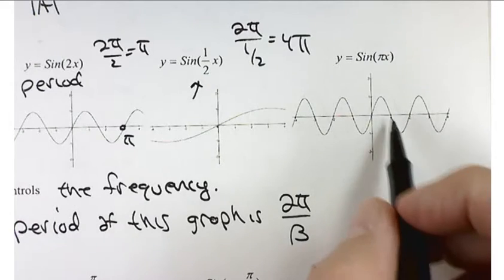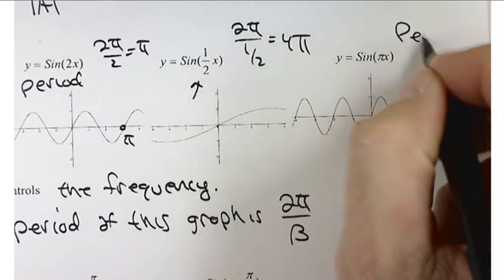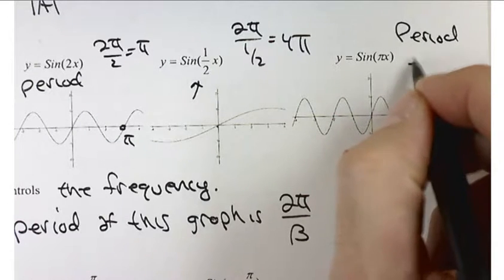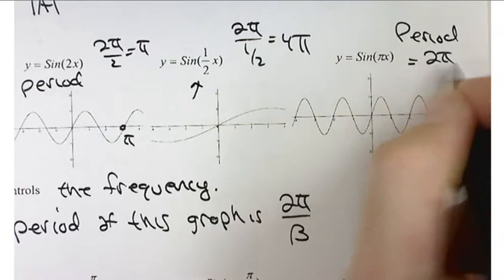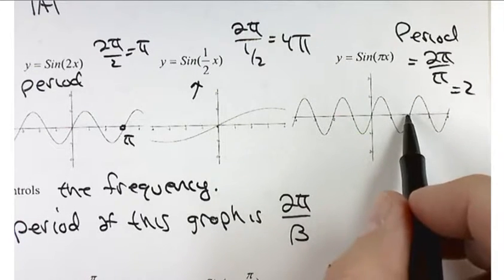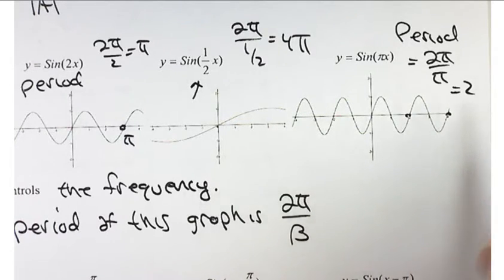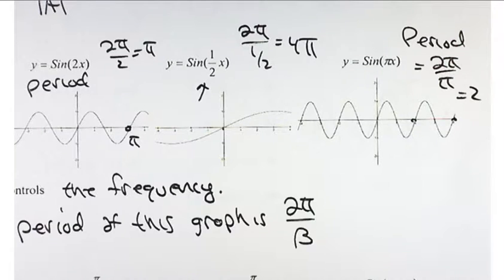Well, it would be if you could see these numbers very well. What's the period here? Anyone? 2 pi over pi, which is 2. So every 2 units, 1, 2, the function repeats itself. 1, 2, function repeats itself. So that number divides the period.